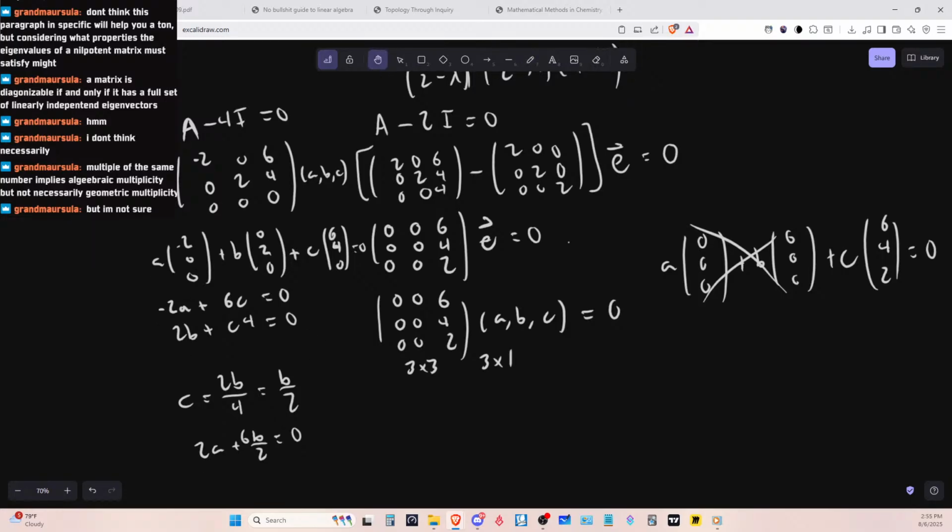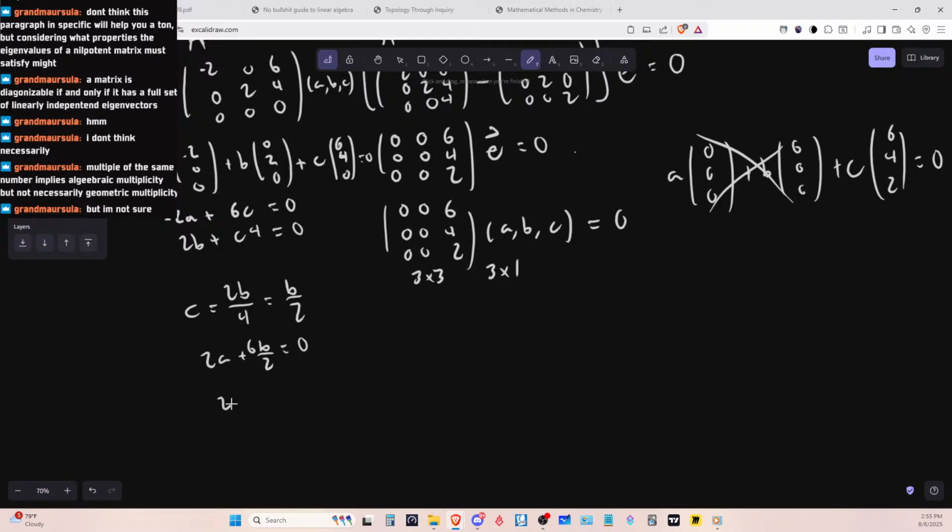Since both rely on C, why don't we make C equal to 1 in this case?